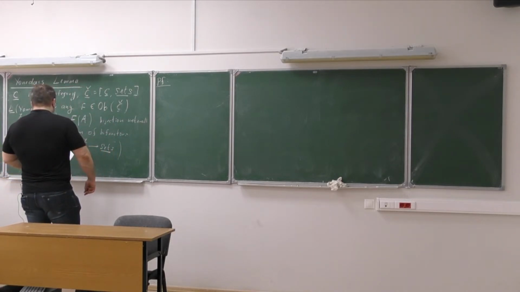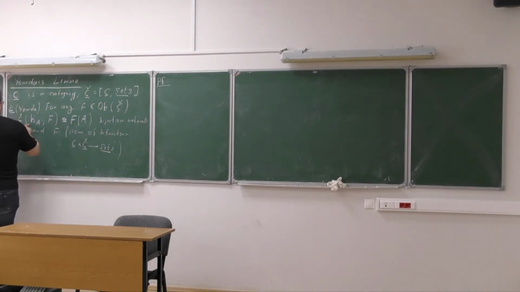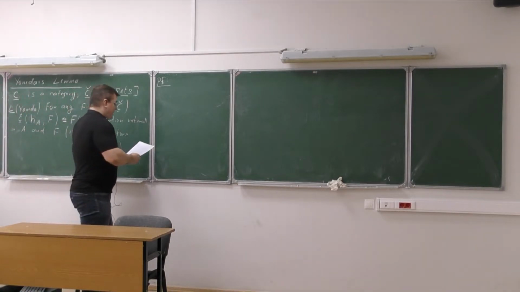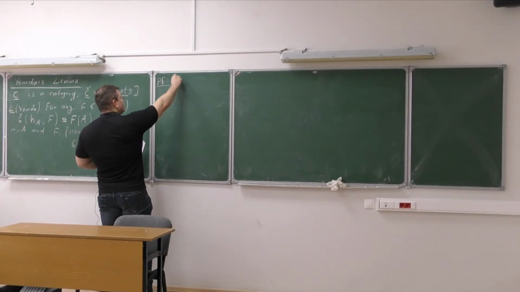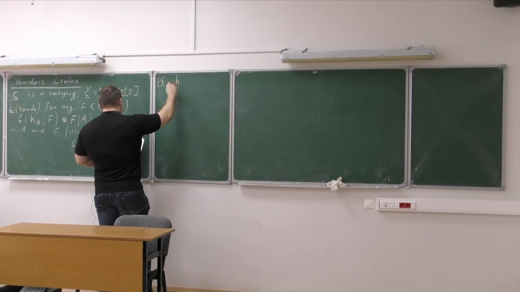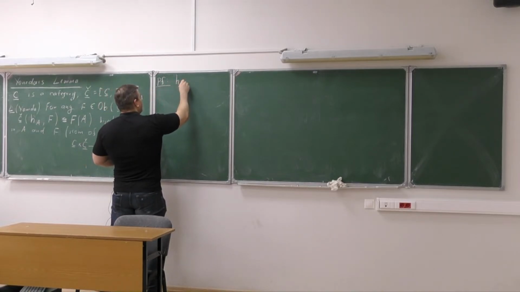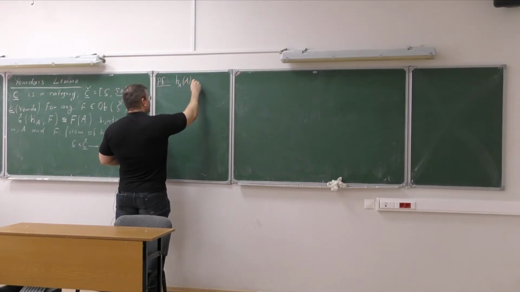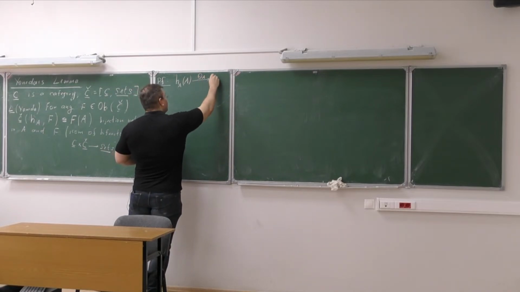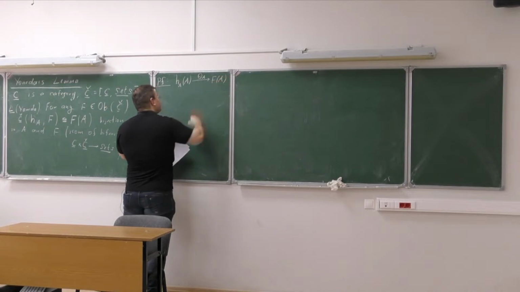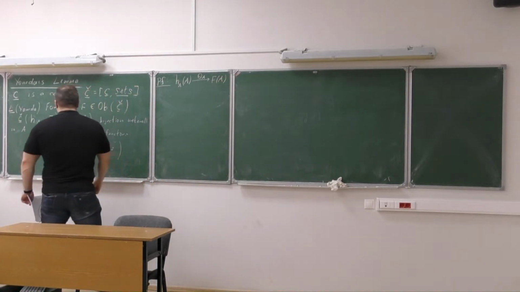So if I have an element in this set on the left hand side, this is a natural transformation, and the natural transformation by definition gives the following commutative square. So I can write h sub A of A, so that's a component of a natural transformation.